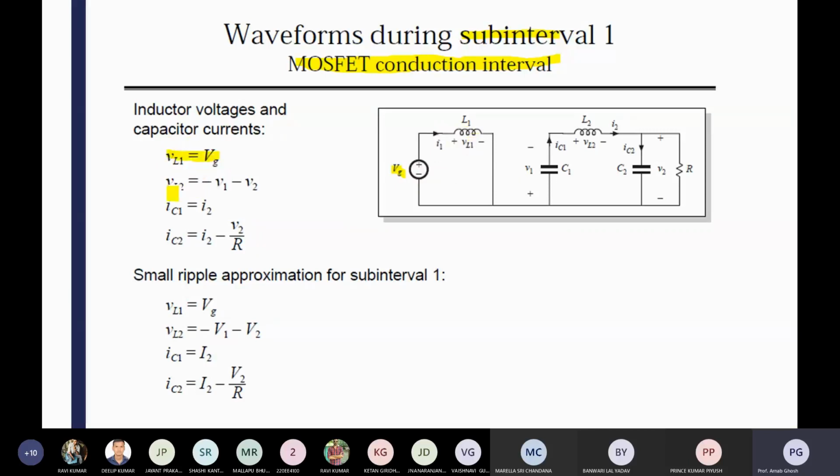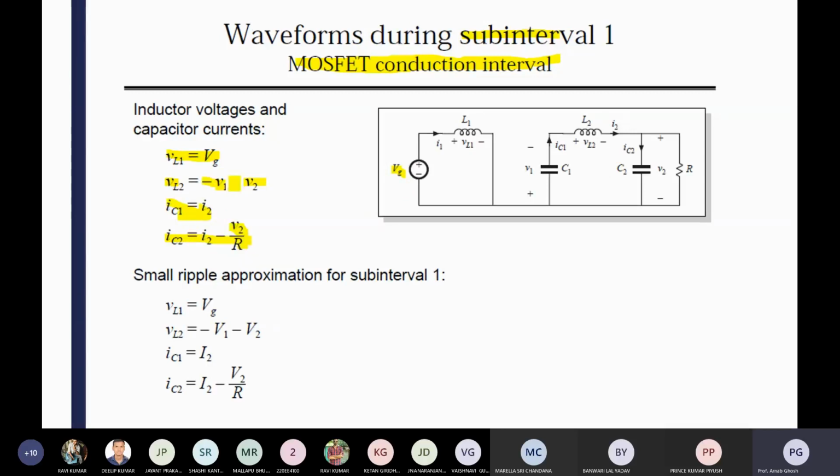VL2 is minus V1, minus V2, so subtraction of these two. IC1 equal to I2, and IC2 equal to I2 minus V2 by R.